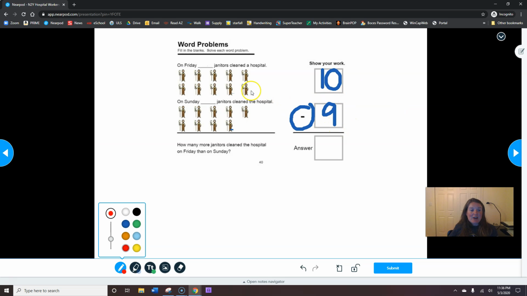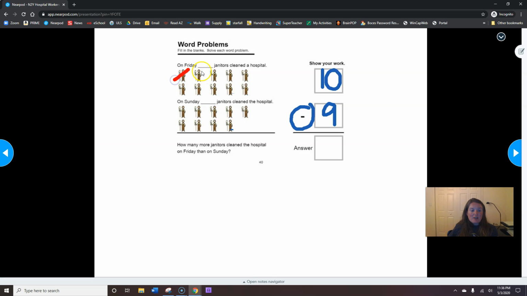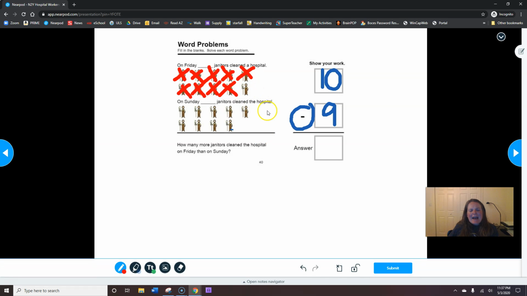I have to cross out 9. 1, 2, 3, 4, 5, 6, 7, 8, 9. So I know I usually use an X, so just so I don't confuse you, I'll make sure they all have an X that I crossed out. How many are left that I did not cross out? Just 1. So 10 minus 9 is 1.